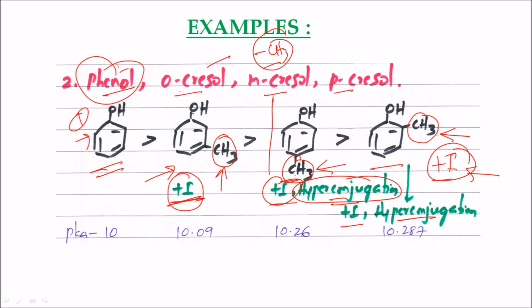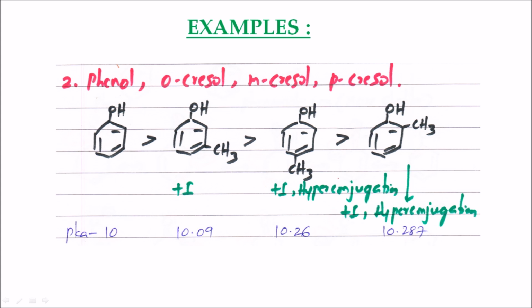So the conclusion is what now? Paracresol will have more acidic strength compared to orthocresol, because methyl is close to the hydroxy group, and then there will be more plus I effect than in paracresol.